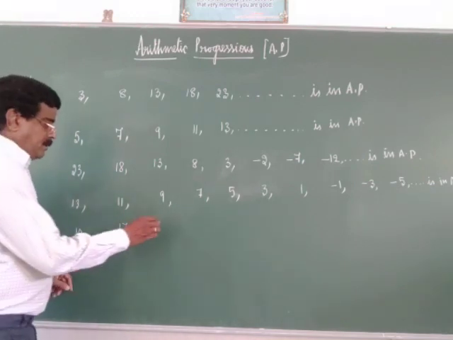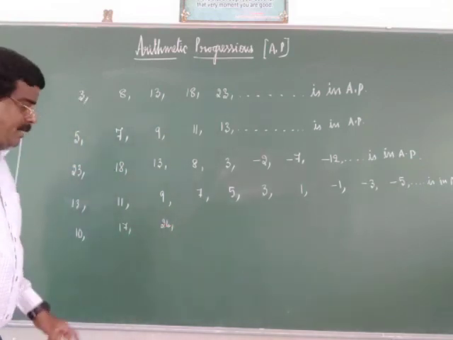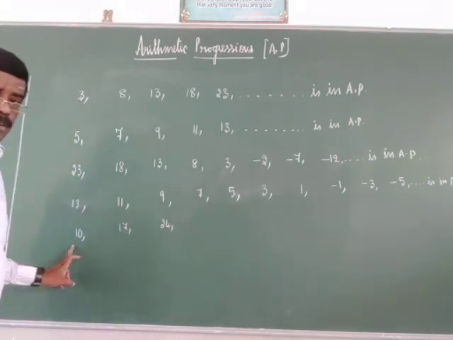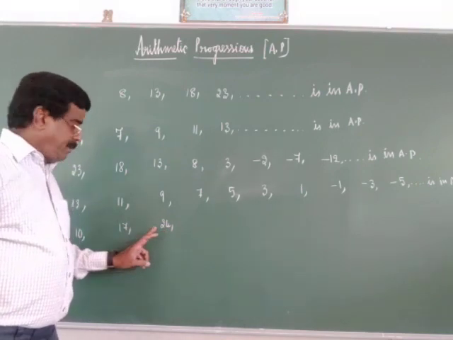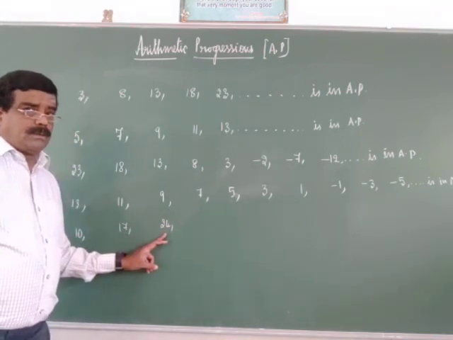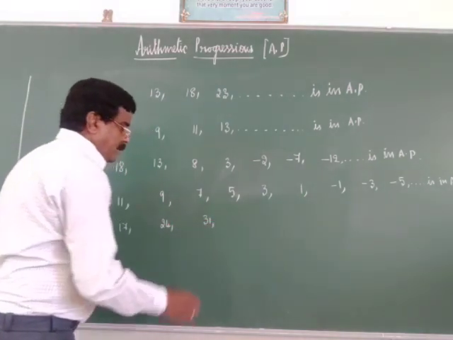Yes? It is 24. See children, 10 and 17 means I added 7 to the first term. So 7 is what I add again. It means 17 plus 7 is 24. 24 plus 7, 31.